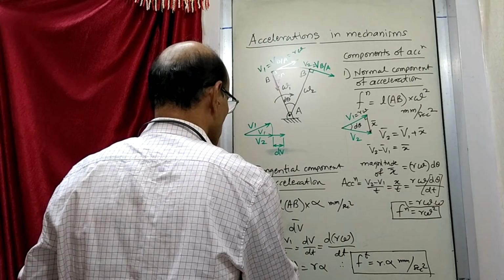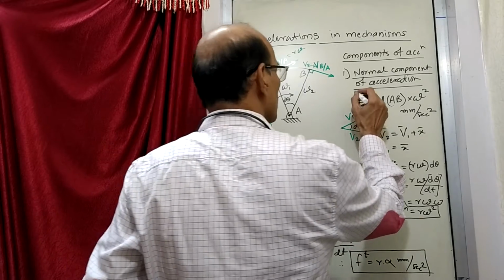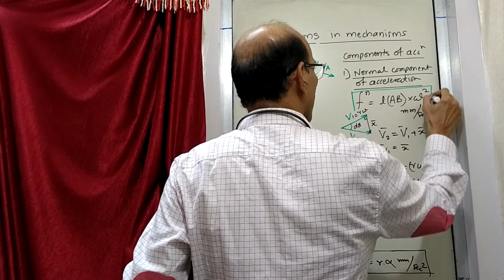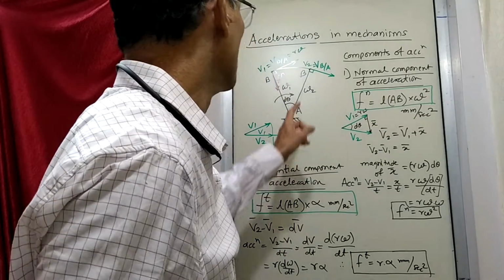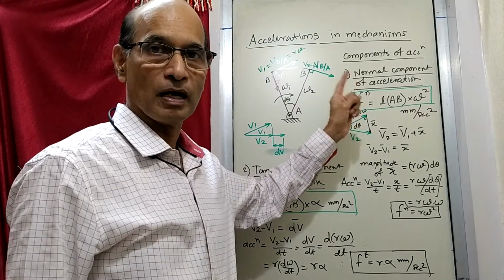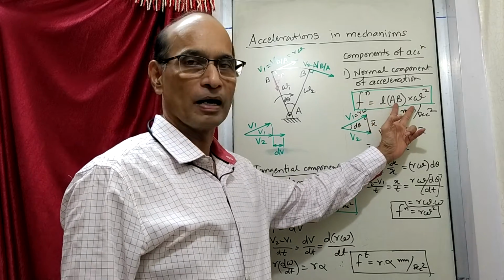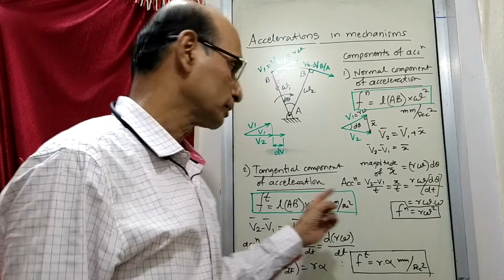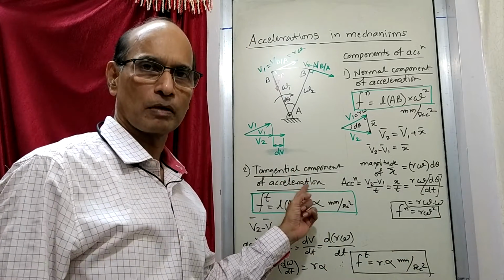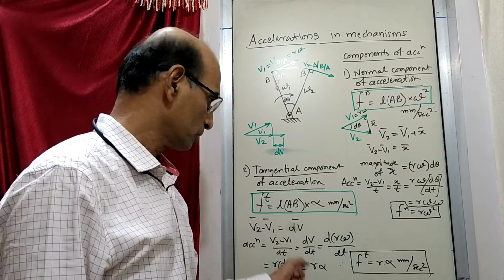Just put it in a box because this is a formula which we are going to use many times. So I am just putting it in a box. So the acceleration has got two components. One is a normal component given by r into omega square. Why is it so? This is the proof. The other component is the tangential component of acceleration given by this expression. Why is it so? This is the proof.